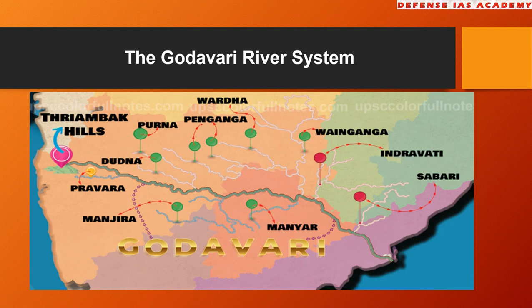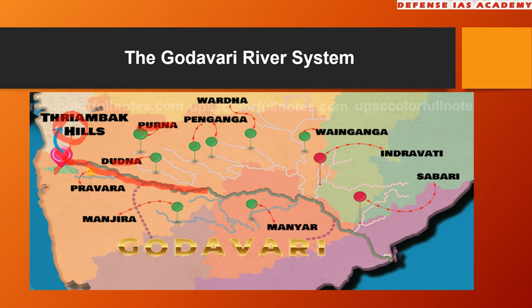Now here you can see the Godavari river system. As we said, it originates from the Trimbak Hills.